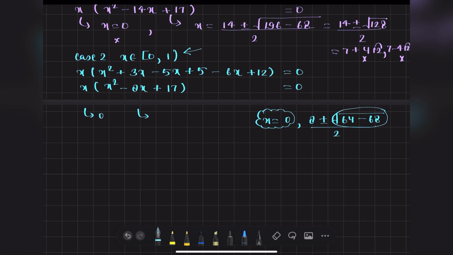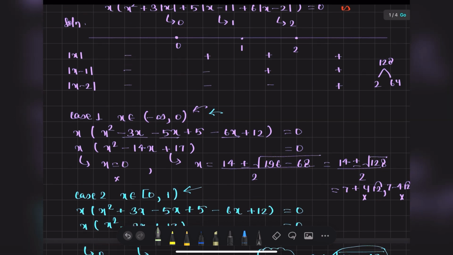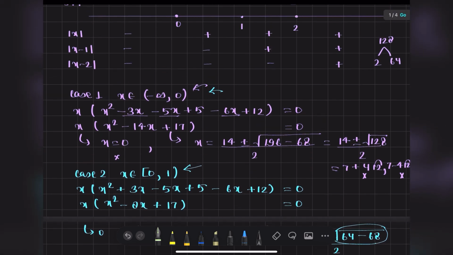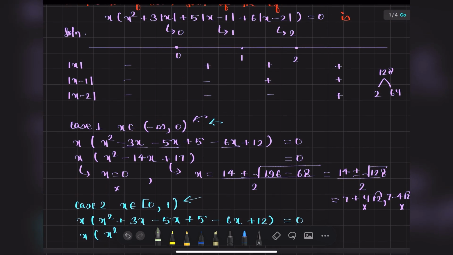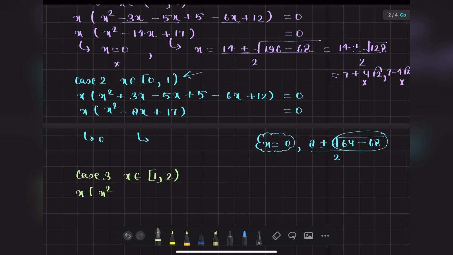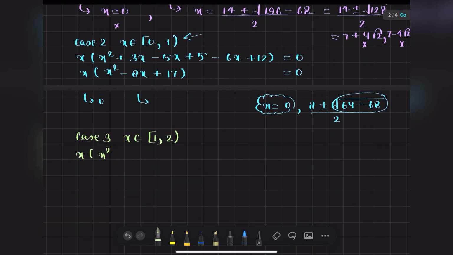Is that okay? Now we will go with case 3. X belongs to 1 to 2. This time we will include 1 and exclude 2. So it was what? Positive, positive and negative. So x square plus 3x plus 5x minus 5.